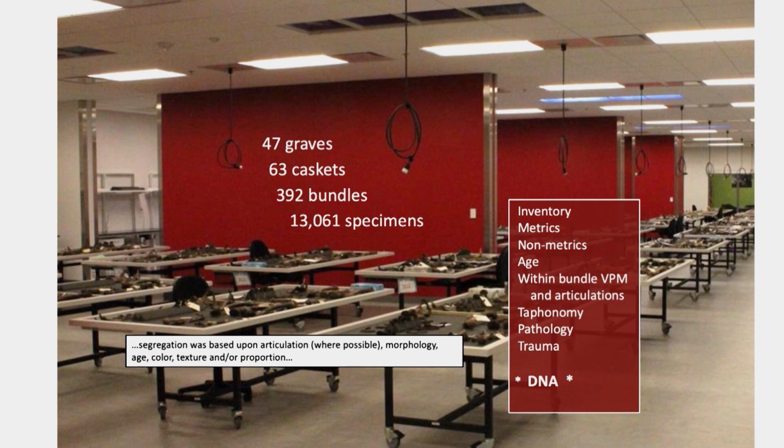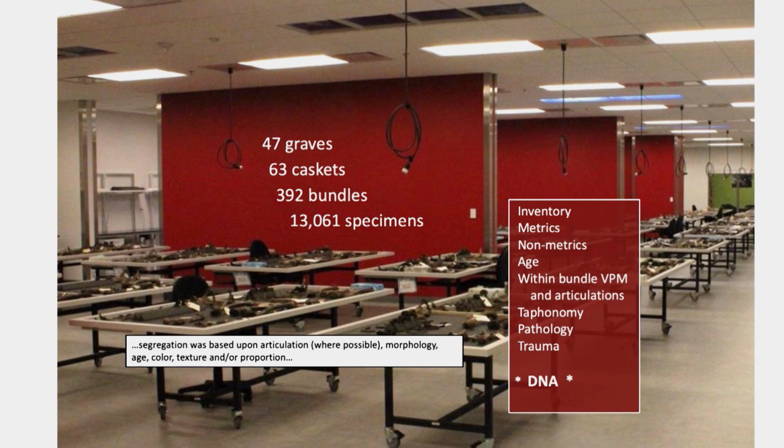The USS Oklahoma remains went through many iterations, several burials and disinterments and reinterments, and in 2015, when they started this project, these remains were in 27 graves, a total of 63 caskets, which had 392 bundles.